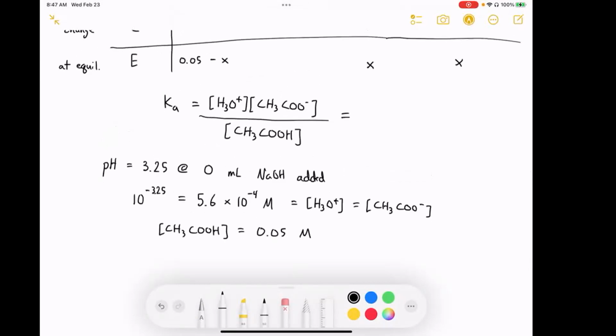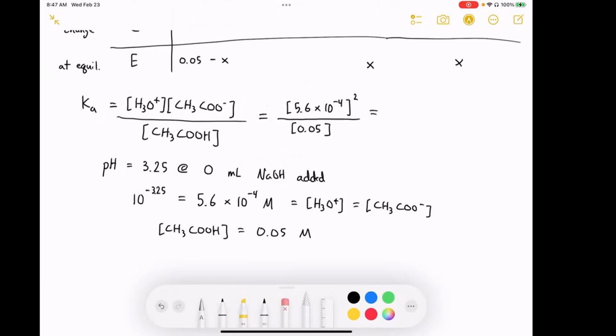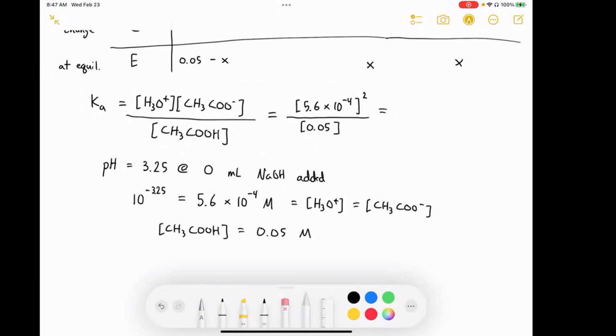So if we plug everything in here, we get 5.6 times 10 to the negative 4 squared over 0.05. Okay, and if we solve for that, we will get our value here.